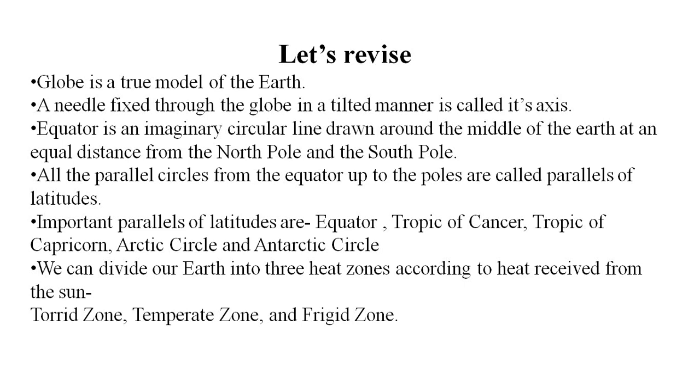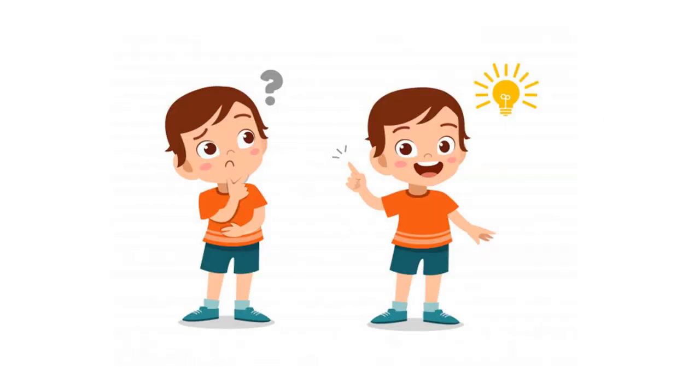Important parallels of latitudes are Equator, Tropic of Cancer, Tropic of Capricorn, Arctic Circle and Antarctic Circle. We can divide our Earth into 3 heat zones according to the heat received from the sun: torrid zone, temperate zone and frigid zone.